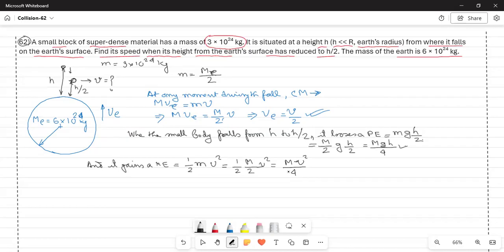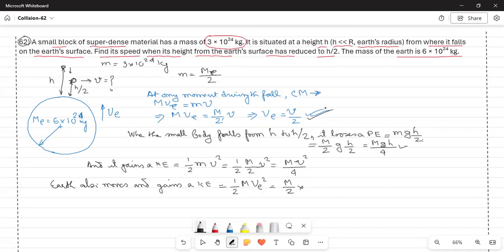So Earth also gains a kinetic energy equal to half m and velocity of the Earth square, which is half of capital M by 2.